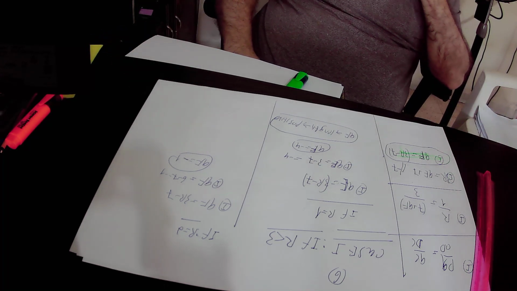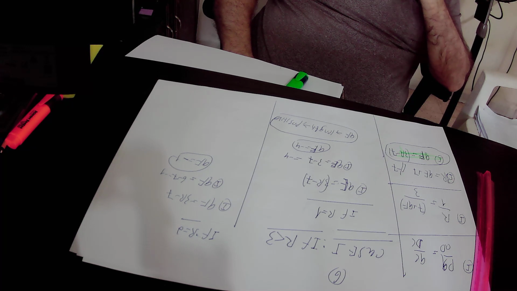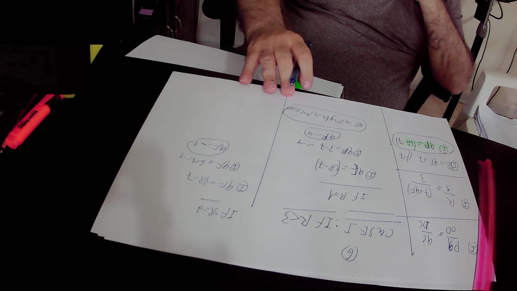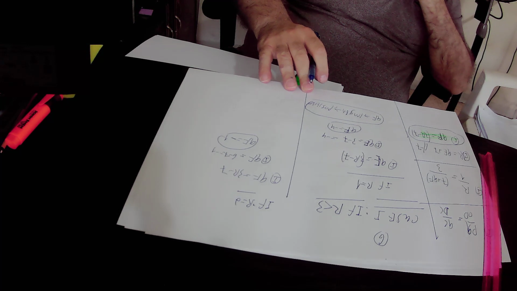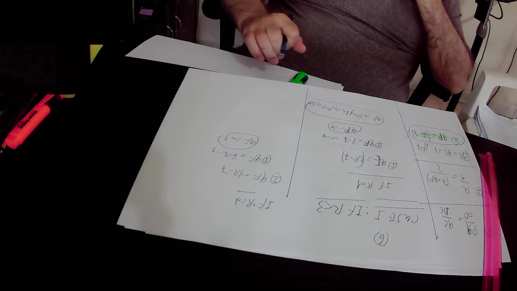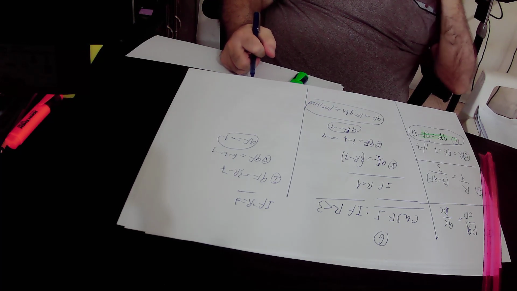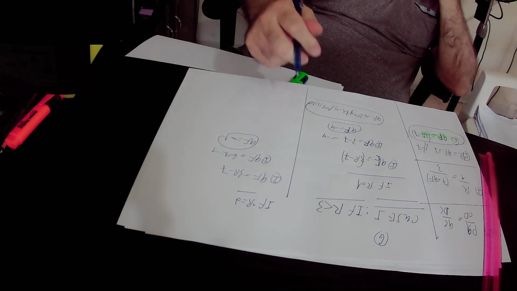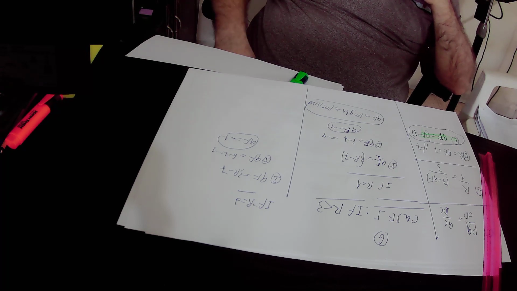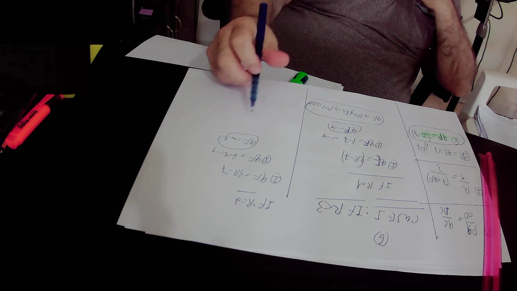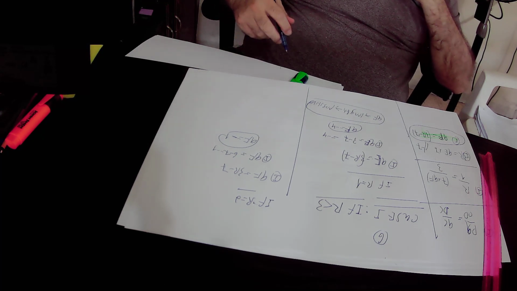Okay, and the idea here is that if R is less than 3, then in this equation we will get that QF is a negative number. Actually, if R is 2, then we got a negative number.